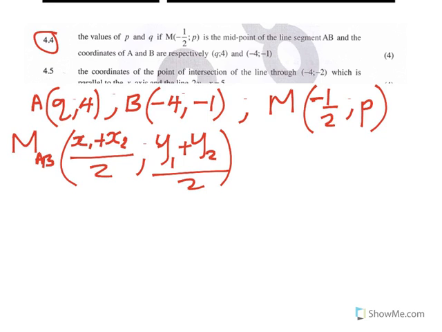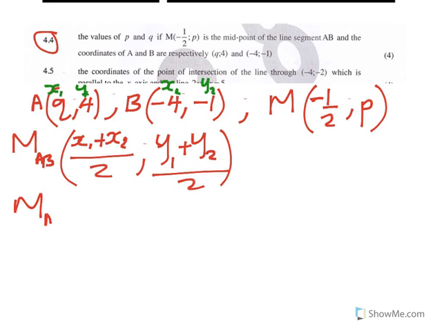That is the midpoint. So now my aim is to know which one is my x1, which one is my y1. So this will be my x1, my y1. This will be my x2 and my y2, and I just need to substitute.